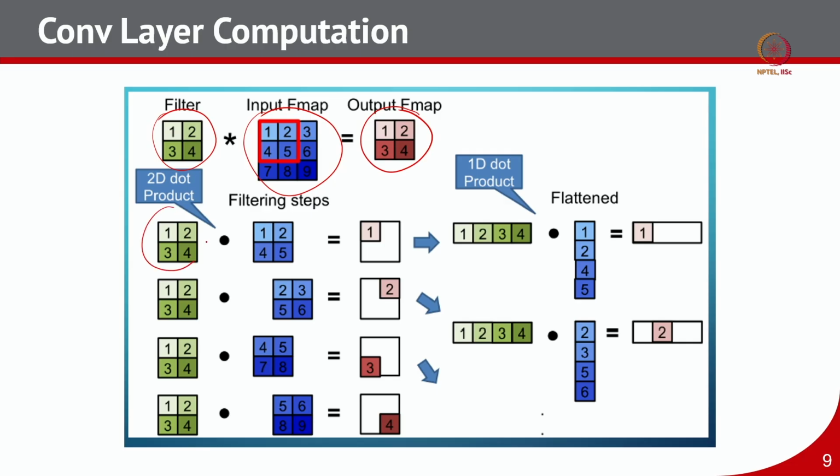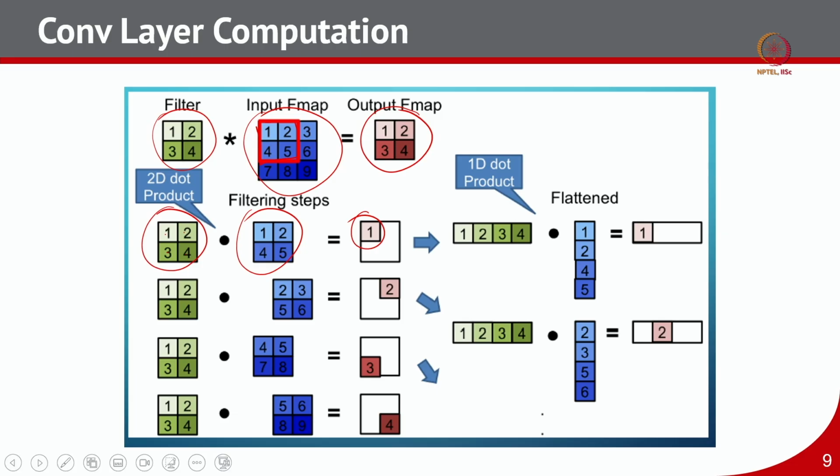Again we have this filter 1, 2, 3, 4, and first it will get convolved with this particular portion of the image with indices 1, 2, 4, 5. Remember, convolution means element-wise multiplication: 1 gets multiplied by 1, 2 by 2, 3 by 4, and 4 by 5, correct. And then the first pixel of the output feature map is obtained. If you look closely, we are actually performing a dot product.